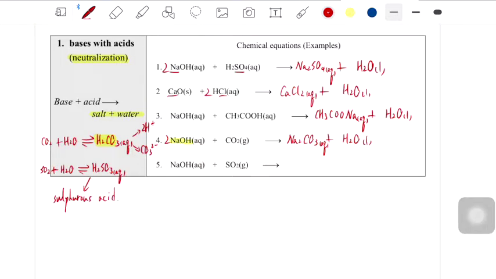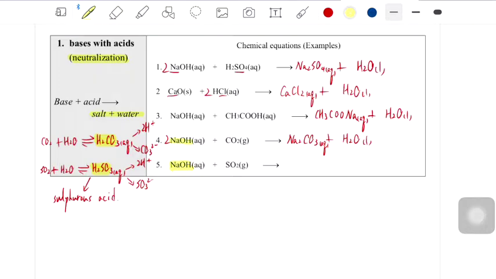Each sulfurous acid molecule will be able to release two hydrogen ions and one sulfite ion. So it's dibasic. Again, when you write the equation, you can consider it a reaction between sodium hydroxide and the sulfurous acid.